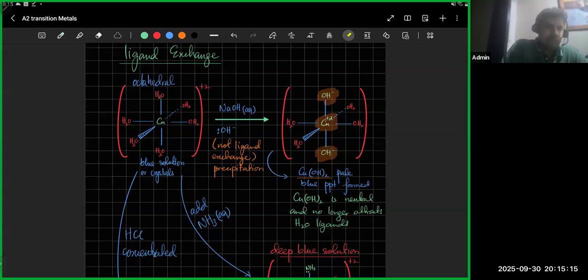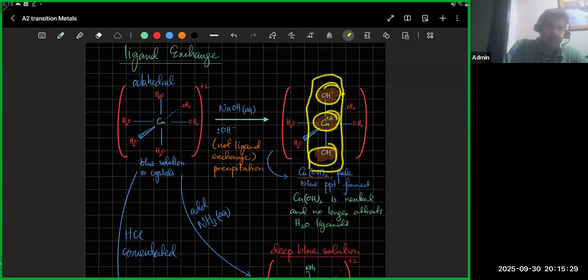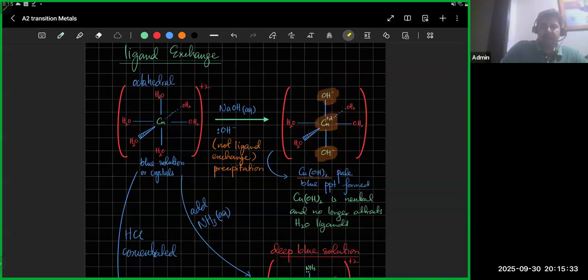But when it gets surrounded by OH ions, it becomes neutral, and the water no longer sticks to it, because copper plus 2 and OH ions together, this entire part would be neutral. And the water molecules are no longer going to be attached to it. So you'll get a Cu(OH)2 solid precipitate.